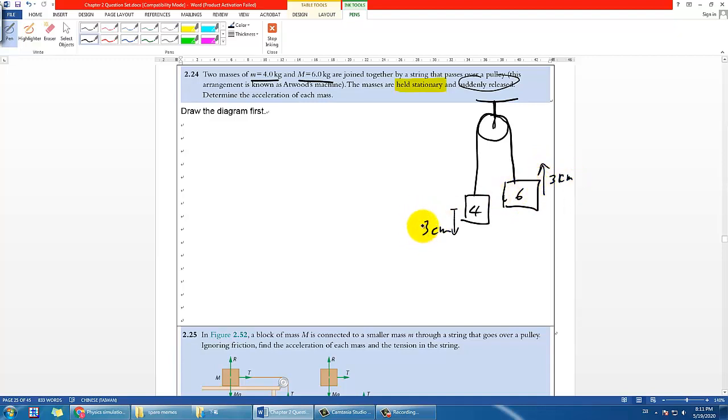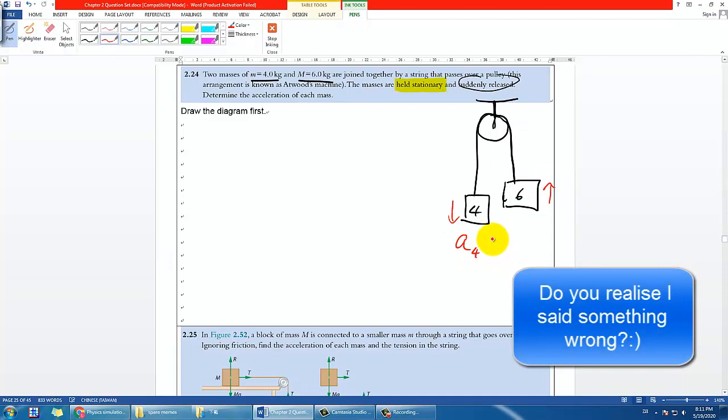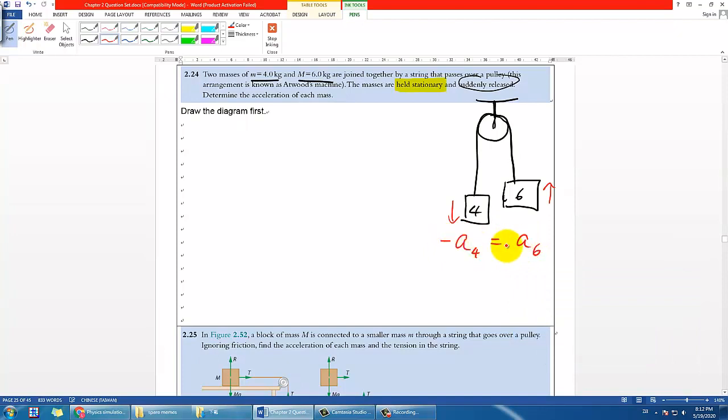So they must have the same velocity and acceleration in terms of magnitude. Why would I say magnitude? Because obviously they are moving in opposite directions. The 4 kg will move down, the 6 kg will move up. So if you're saying A4 equals A6, then you're wrong. You have to say one of them is negative, because they are in opposite directions.